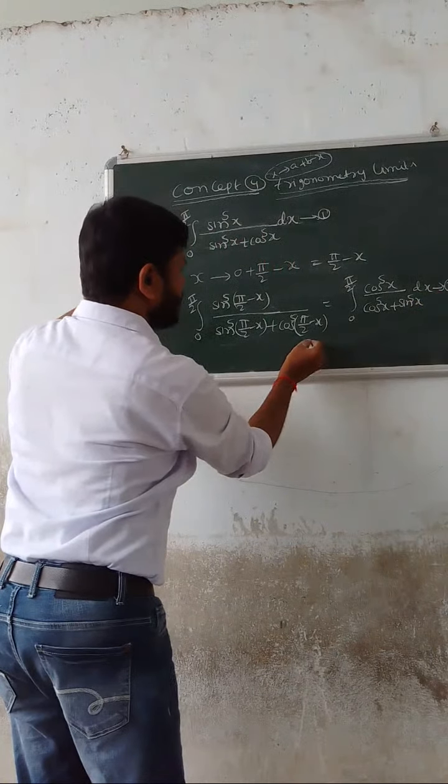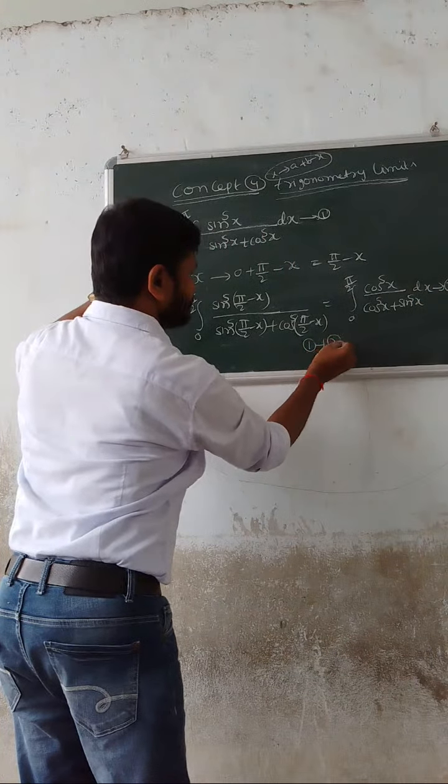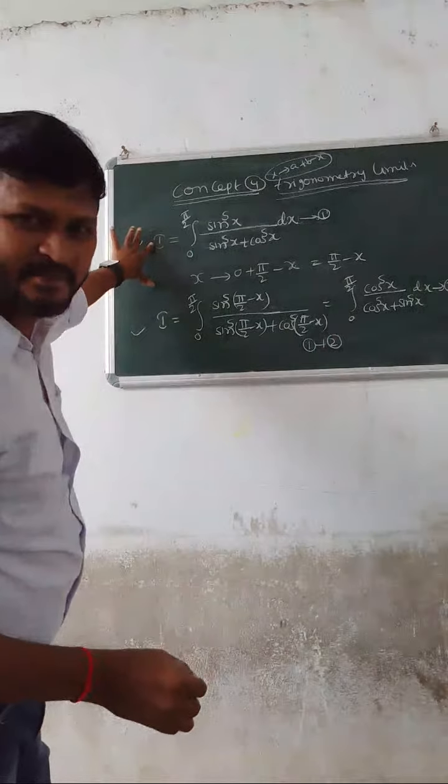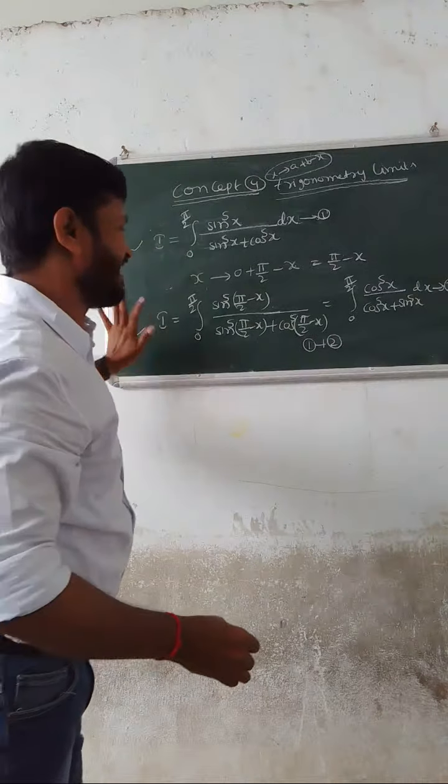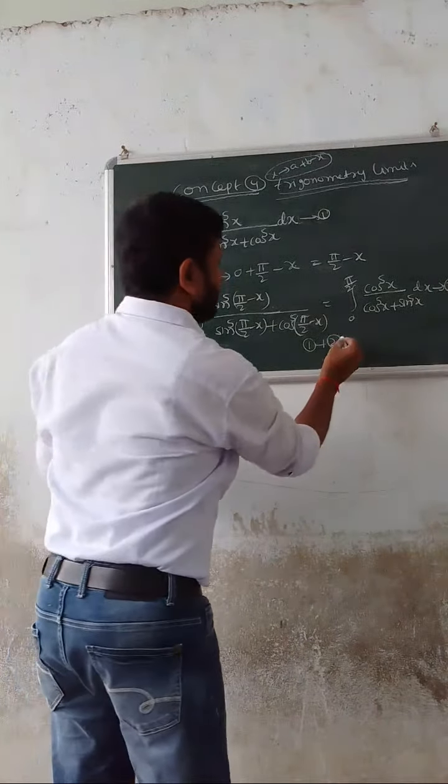Now we have to do 1 plus 2. I plus I means 2I.